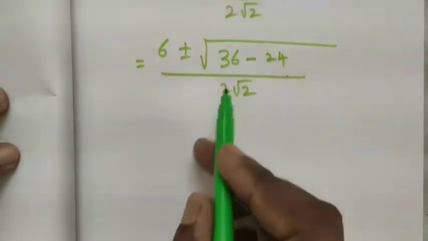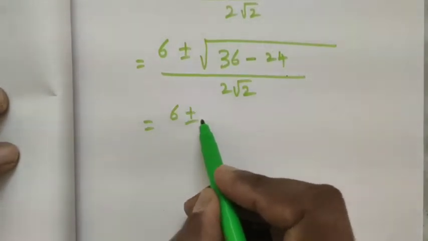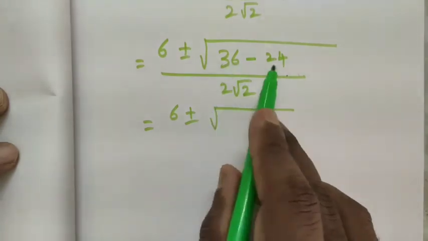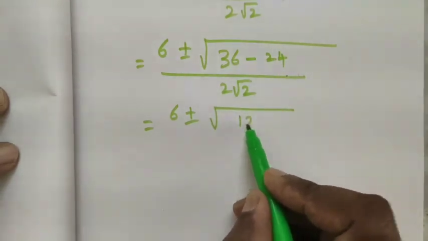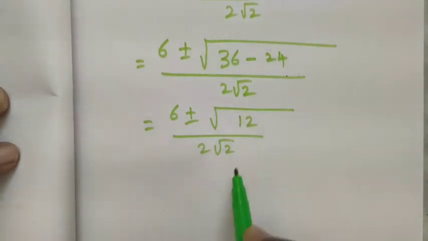Now subtract these two terms: 6 ± √(36 − 24), which is 12, divided by 2√2.